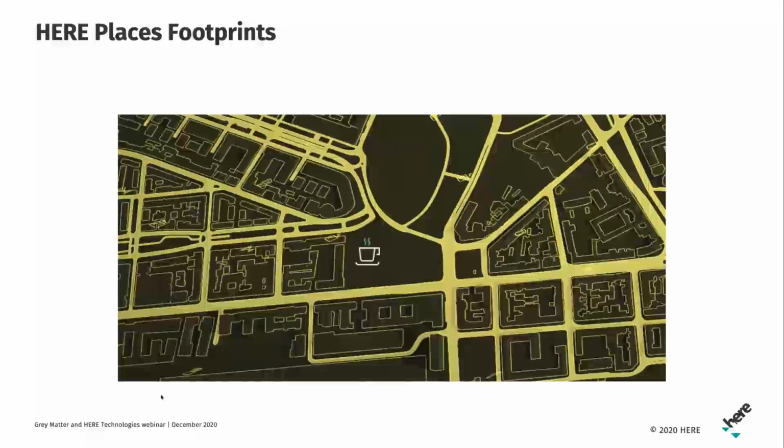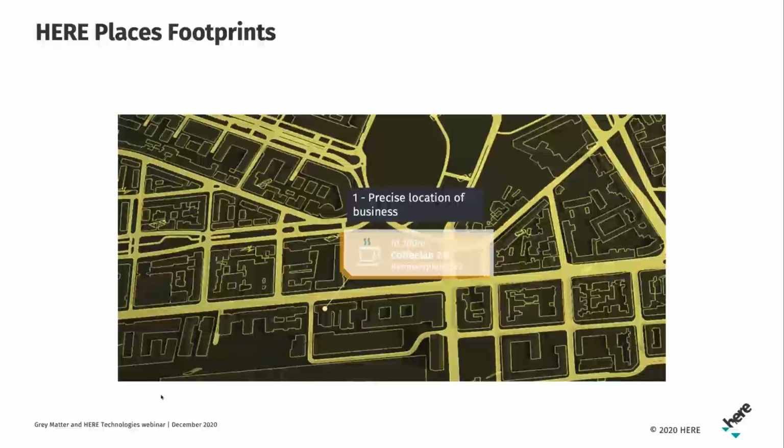The other product that we have is Places Footprint. So basically, if you, for instance, want to search for a POI, in this case, a coffee shop, we not only can give you the precise location of that business together with the address and other attributes, but we can also give you the association with the physical boundaries, in this case, of course, the building itself.